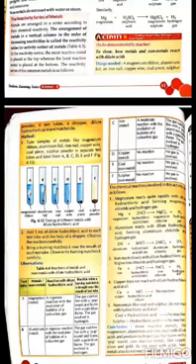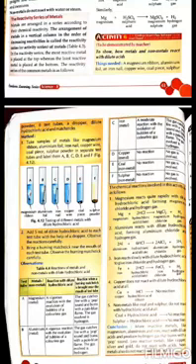What can we conclude from this activity now? Dear students, the conclusion is more reactive metals like magnesium, aluminium and iron react with dilute acids.